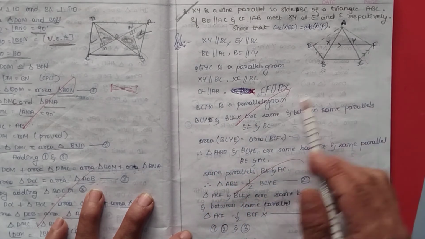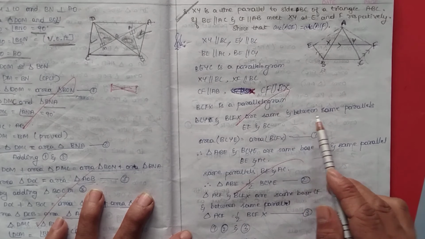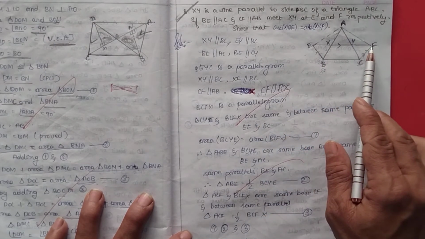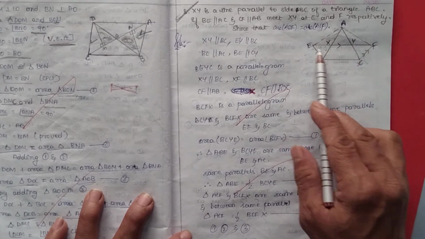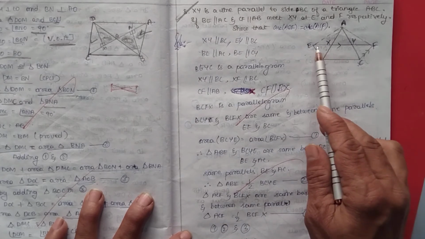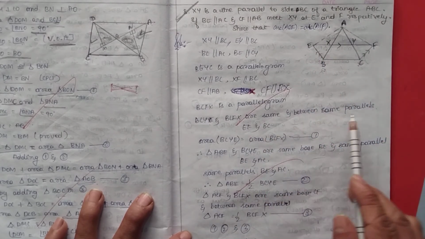BCYE and BCFX are on the same base and between the same parallels. They are the two parallelograms, and EF and BC are the common parallel lines.